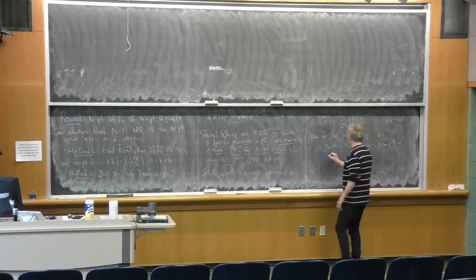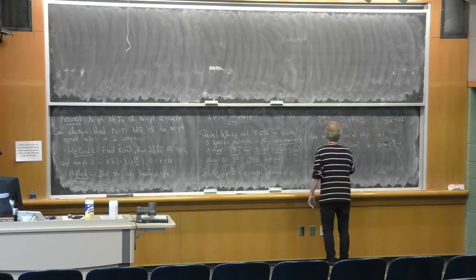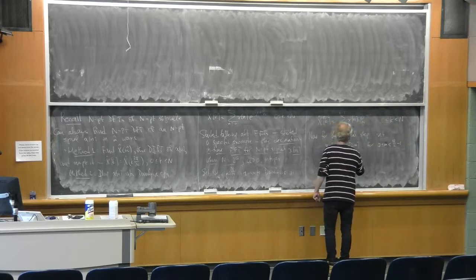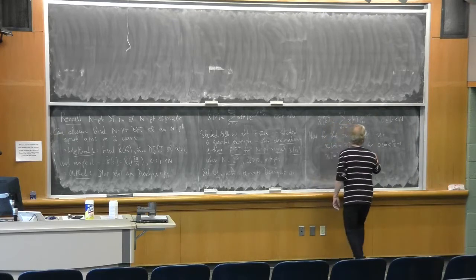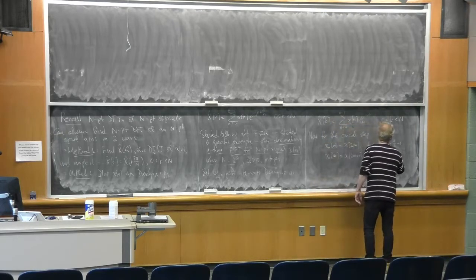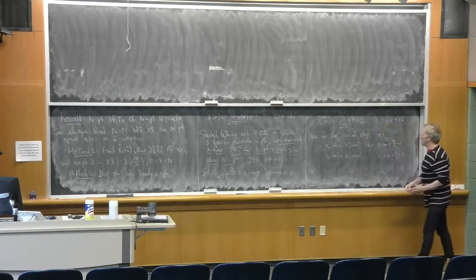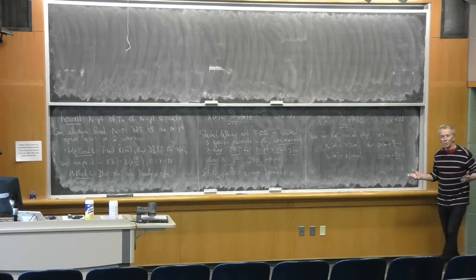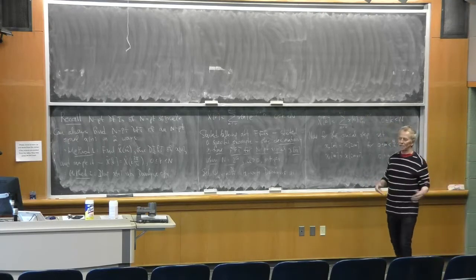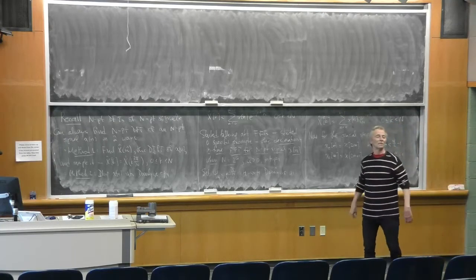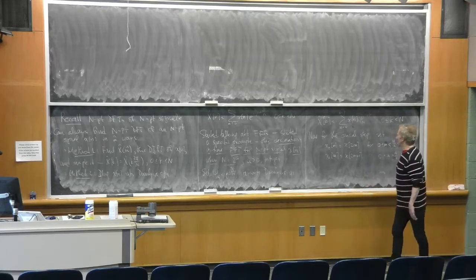And x sub o of m to be x of 2m plus 1 for the same range of m values. Okay, so anybody care to guess what E and O stand for? Why I call them xe of m, xo of m? Samantha? Yes. Even and odd.